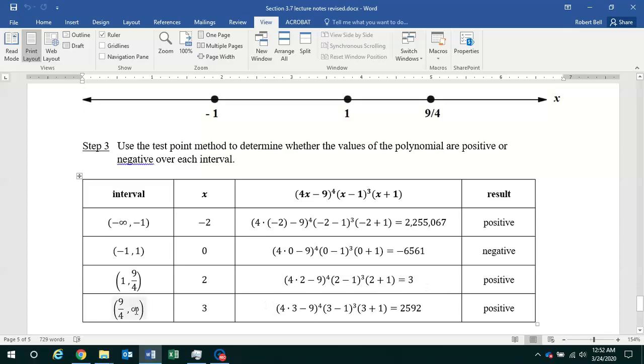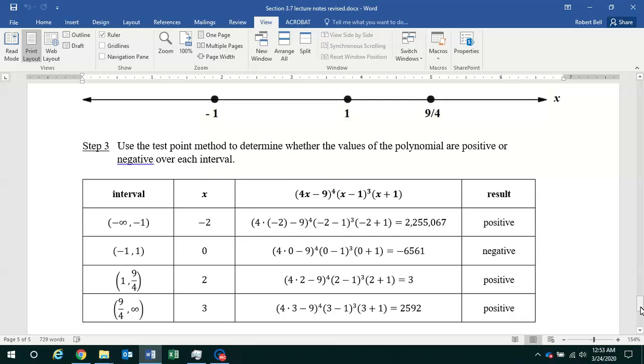And then lastly, in the fourth interval, I use 3 as my test point. And I put in 3 for x up here. I got a positive value for the polynomial. And so that tells me any real number greater than 9/4 put in for x up here results in a positive value for the polynomial.